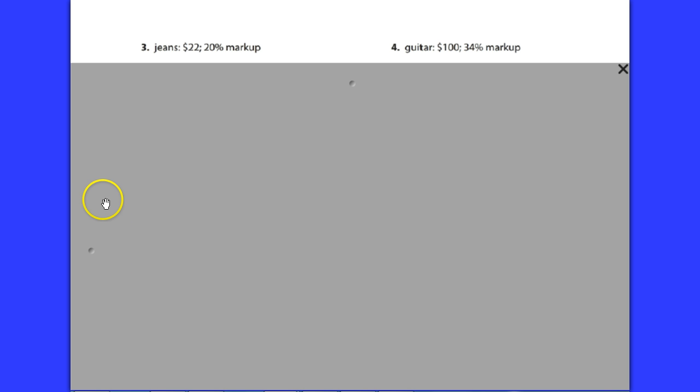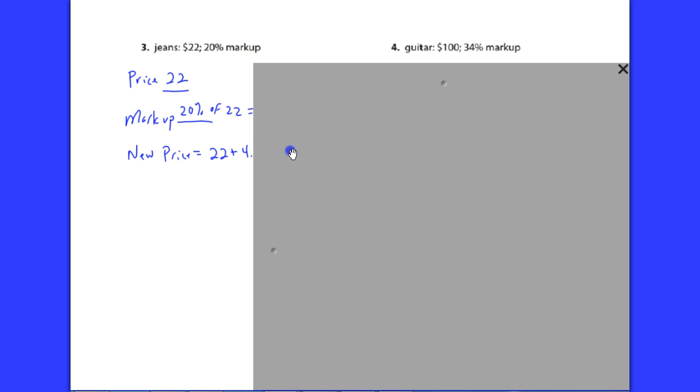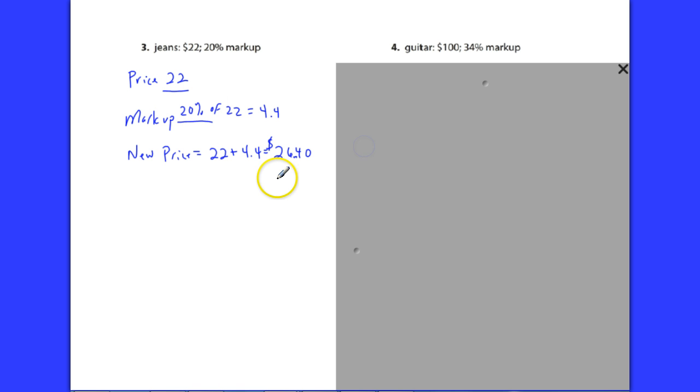Okay, hopefully you have worked these out on your own. Let's take a look at number 3 and see if you agree with my work. I got an answer of $26.40. Check your work and see if that matches what you got. The original price was 22. The markup was 20% of 22. Remember, that's 0.2 times 22, which came out to be $4.40.